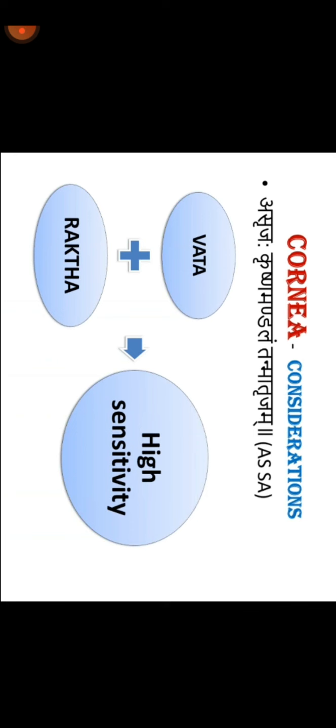So Vada, when combined with Rekta, has high sensitivity. That is evident from the Rektaja Shirashula. In Rektaja Shirashula, Acharya mentioned Sparsha Sahatto. Or in the Rektaja Vada Shonida, Acharya mentioned Sparsha Sahatto. So where this Sparsha Sahatto comes from is the combination of Vada and Rekta.